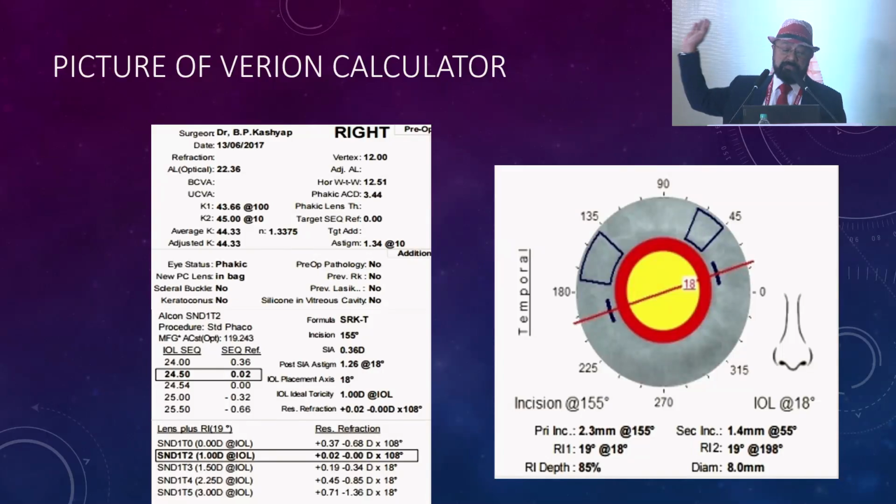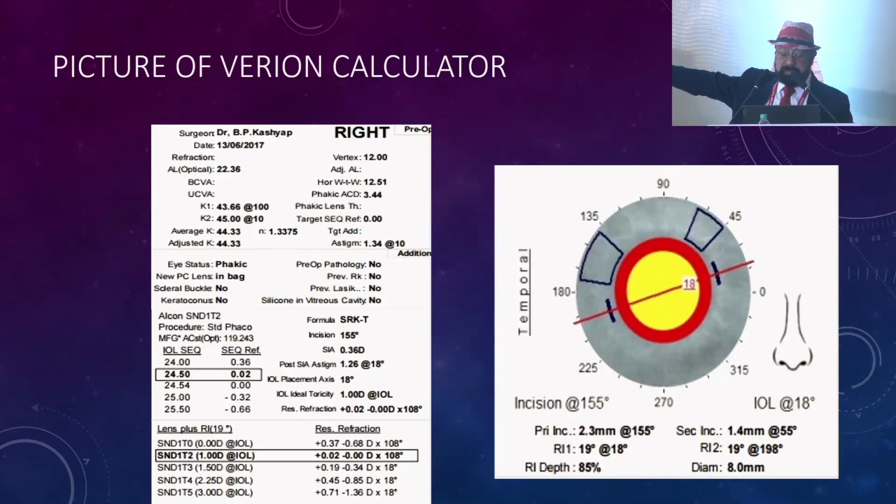On your left hand side, the Varion gives a picture, so you can go for a toric IOL. On the right hand side, there's a small amount of astigmatism that can be corrected by Arcuate incision.